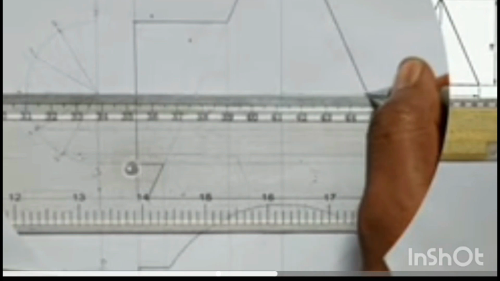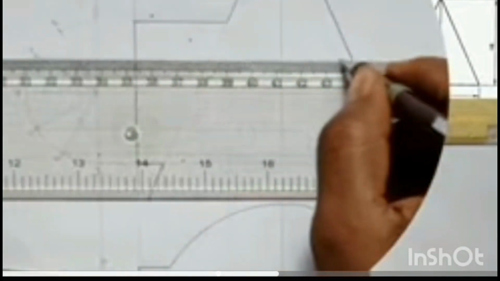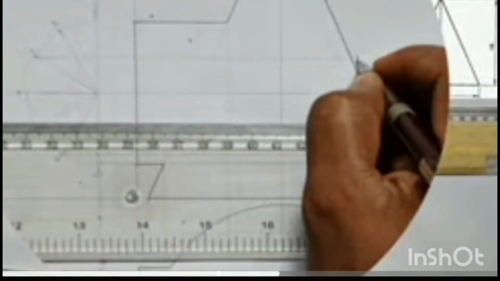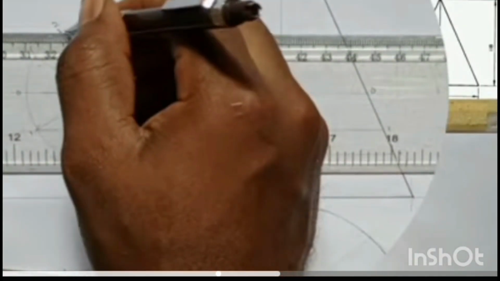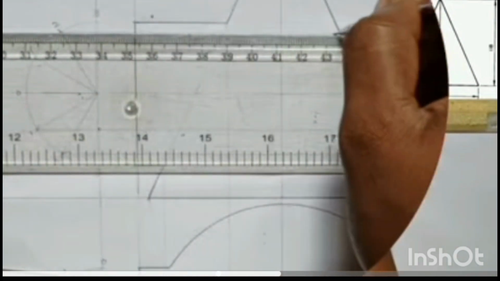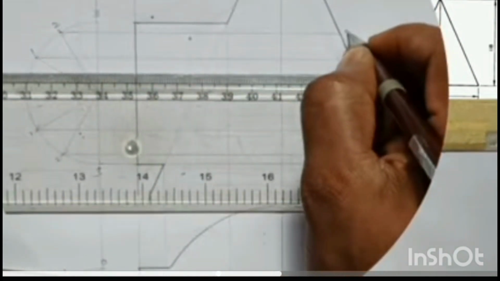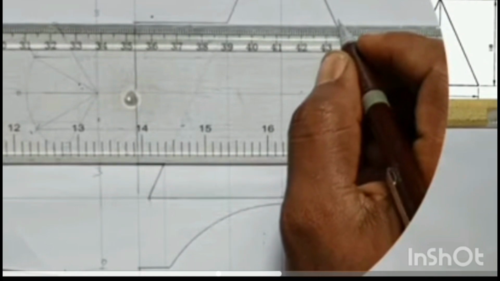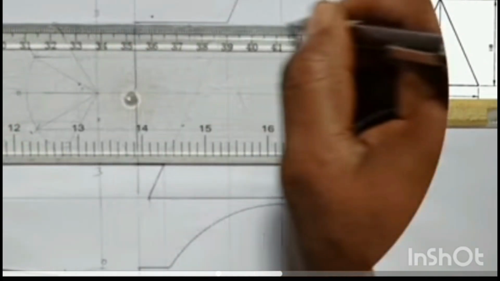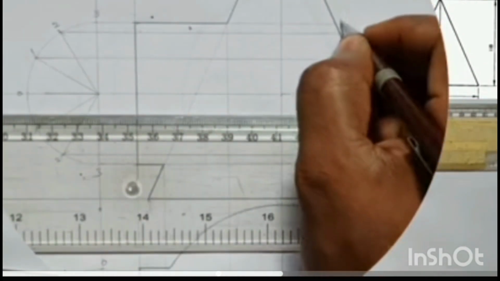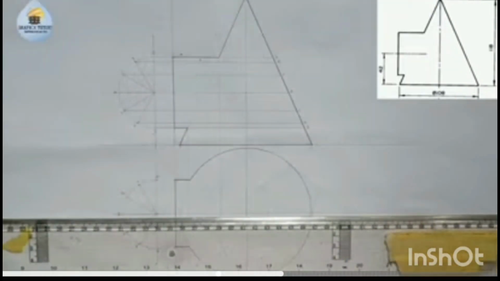This I'll project to come here, that will be 0. This I'll project to come here, that will be 1. This I'll also project to come here, it will be 2. And this, the last but not the least, I'll project to come here, faint line, that will be 3. See the way I'm using my faint line?